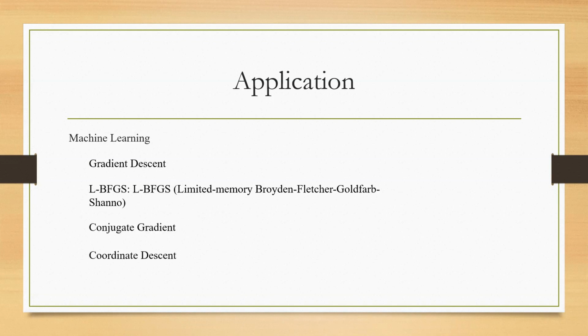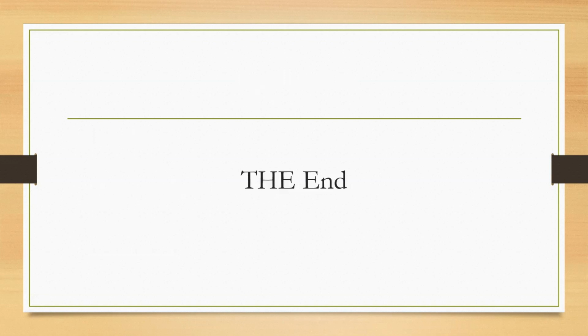And the last one is coordinate descent, which optimizes one parameter at a time while keeping the others fixed. So that is all for the applications of the Powell method, and our presentation also comes to an end.